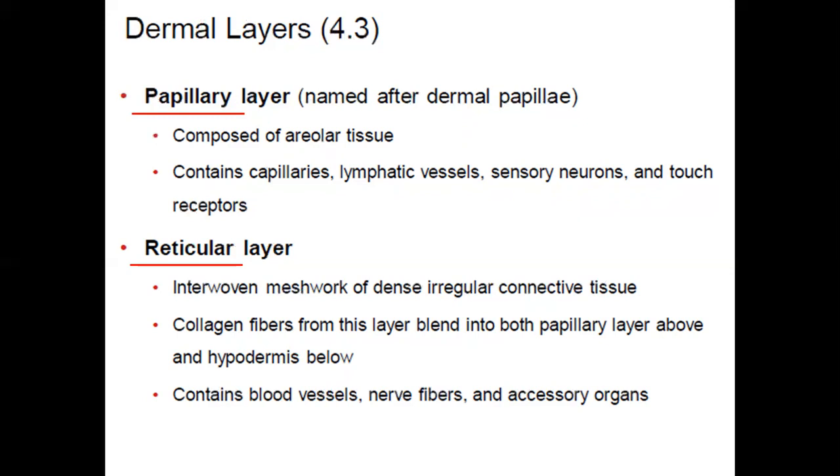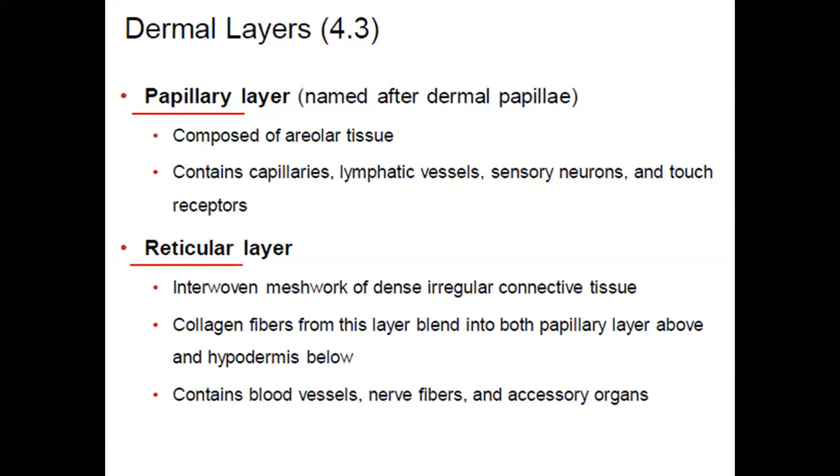The reticular layer, the deeper layer, is a mesh network of dense, irregular connective tissue. Remember, the fibers there run irregularly in a bunch of different directions. So that type of tissue can resist force or resist stretching or compression in a number of different directions. The collagen fibers there blend into both the papillary layer above and the hypodermis below, which keeps this tissue really tightly connected to the layer above and also to the tissue below.